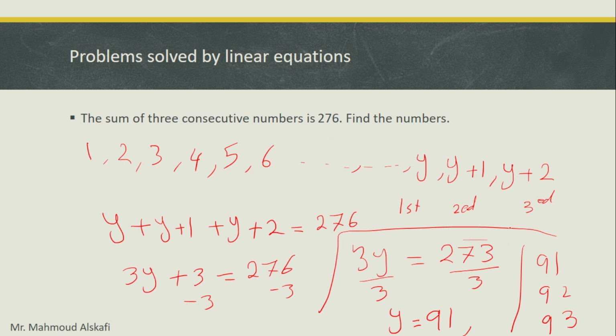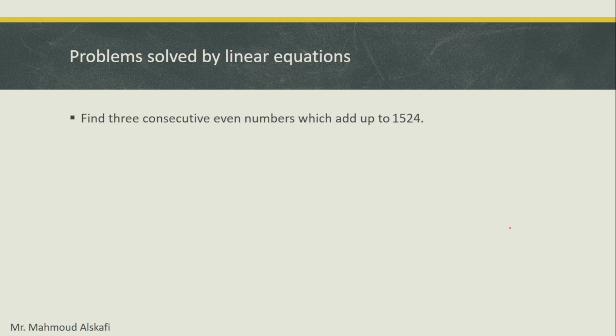Okay, now here in this question, he needs consecutive even numbers. In this case, we need to know the relation between even numbers. So the first even number is 2.